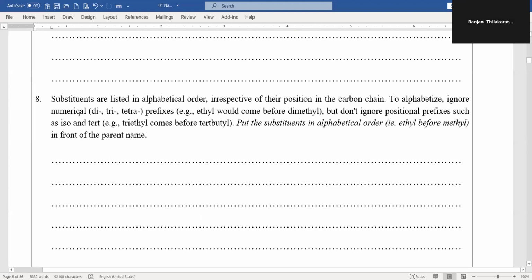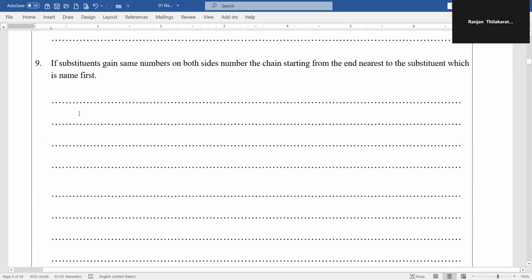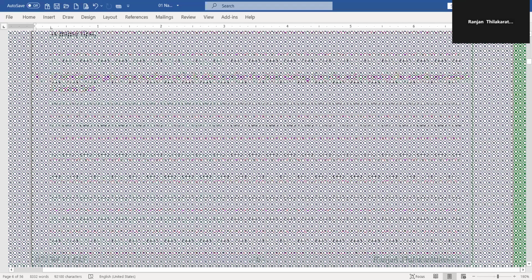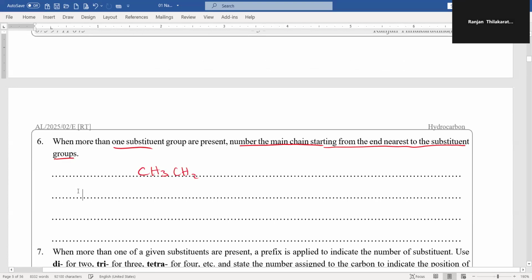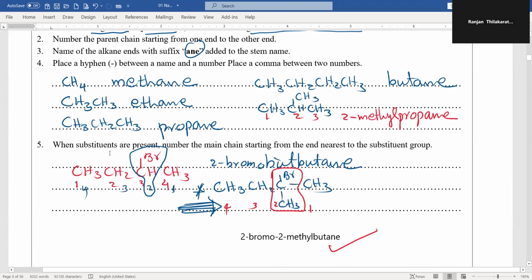And something is missing here. Yes, you have to write something like this. When a substituent is present, number the main chain starting from the end nearest to the substituent group.